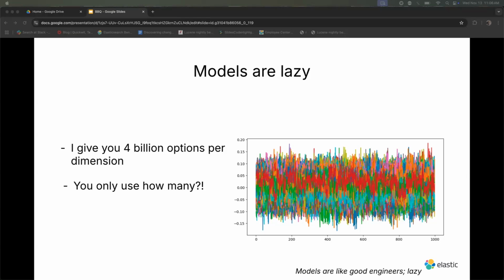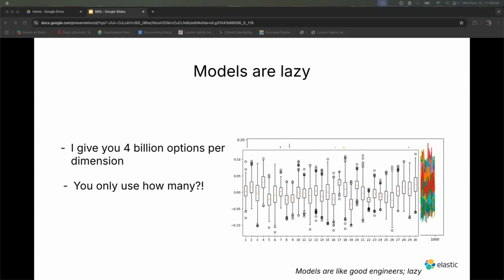And to drive the point home even further, here's some box plots for some of the dimensions. And honestly, it seems like it's not even anywhere near negative 0.15 and positive 0.15. It's more like between 0.05 and negative 0.05 that you actually care about for those model dimensions.